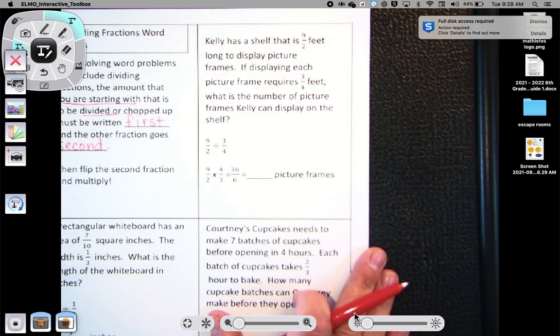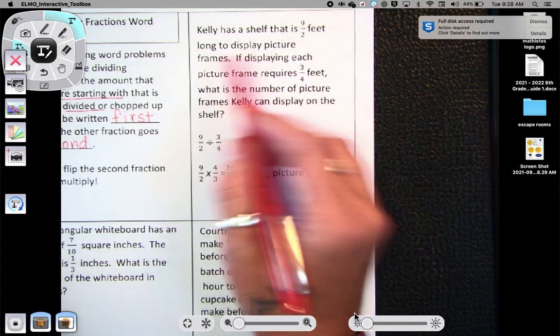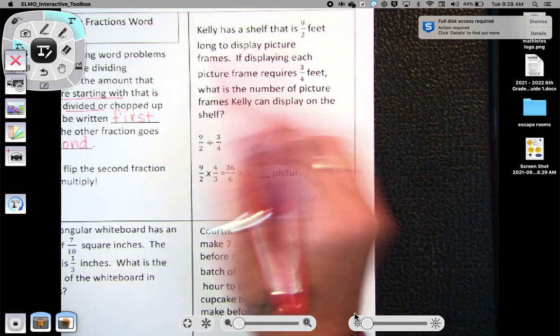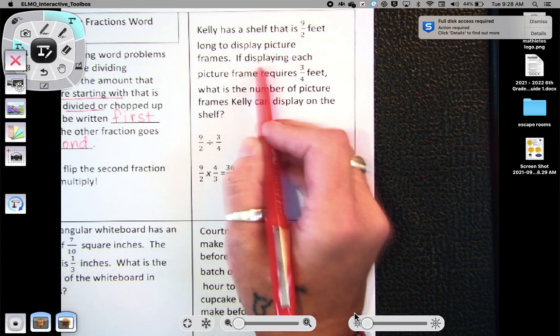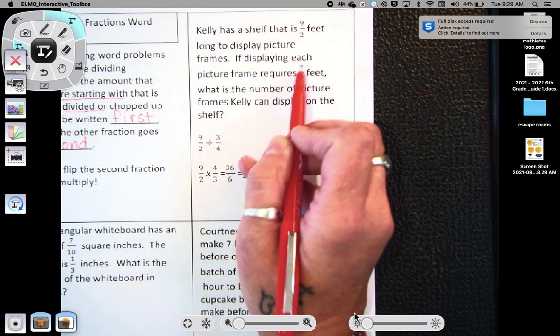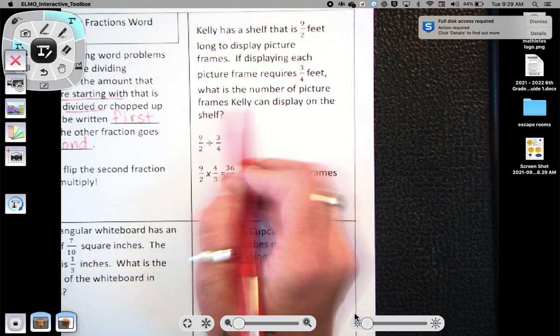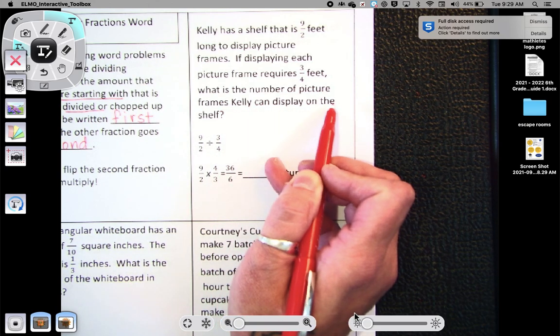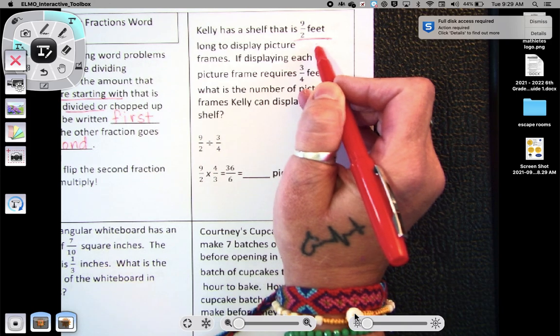Kelly has a shelf that is 9/2 feet long to display picture frames. If displaying each picture frame requires 3/4 feet, what is the number of picture frames Kelly can display on the shelf? So we started with 9/2 feet.